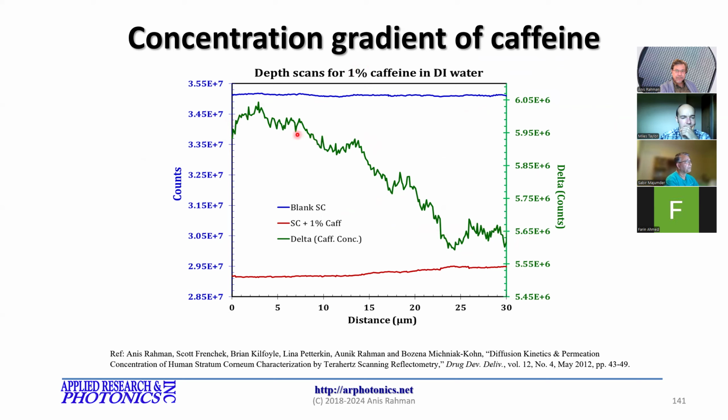Caffeine has higher concentration on the surface, thickness equal to 0, but at thickness equal to 30 micron, it has a lot less count than on the surface. So maybe a little bit penetrated, but most of it remains in the surface area. So caffeine does not permeate through stratum corneum, which is what we want.